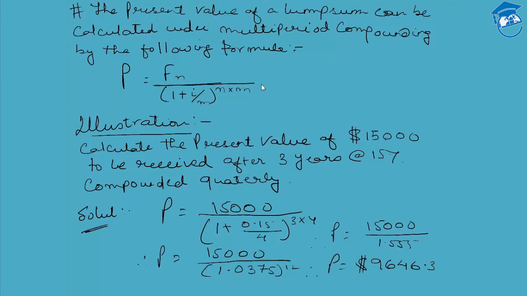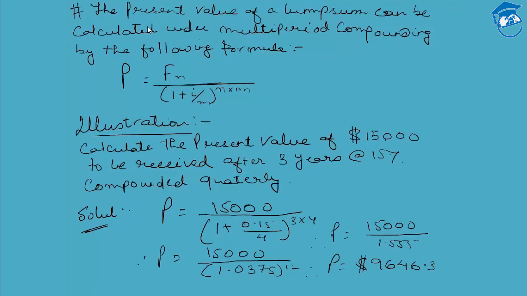So the last two discussions were dedicated towards calculating the future value of a lump sum as well as an annuity against a multi-period compounding. So this present discussion will be focused towards calculation of the present value of a lump sum under the multi-period compounding effect.